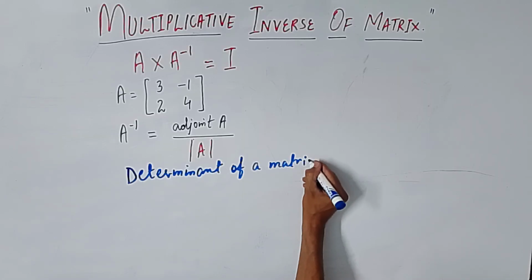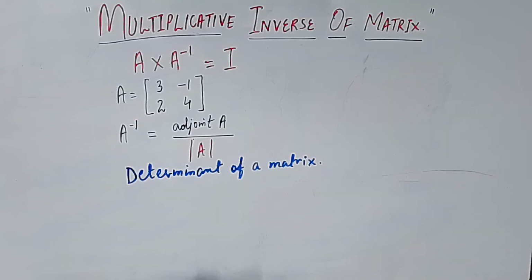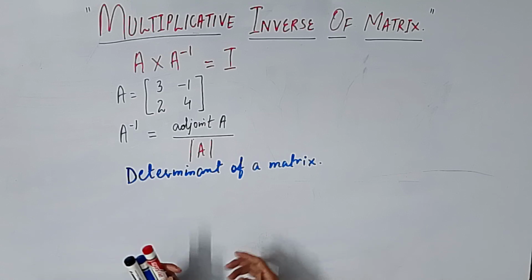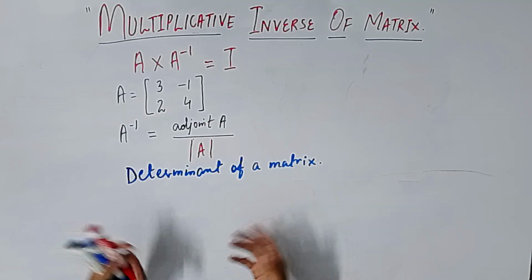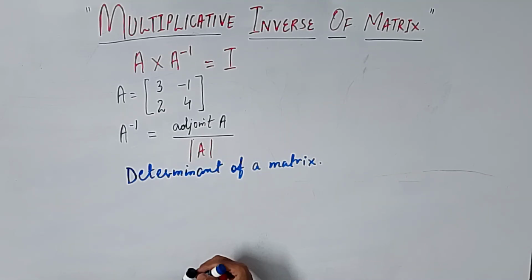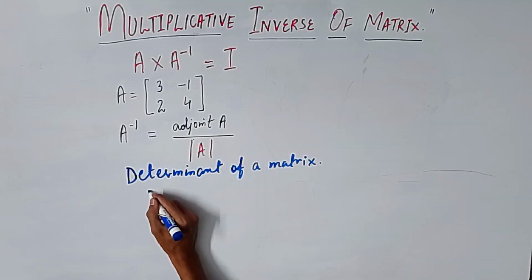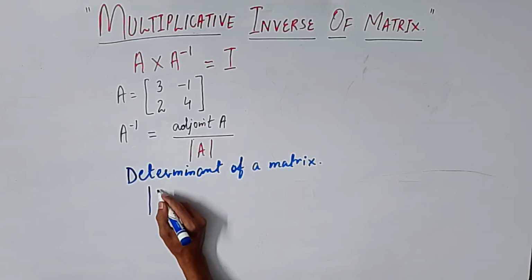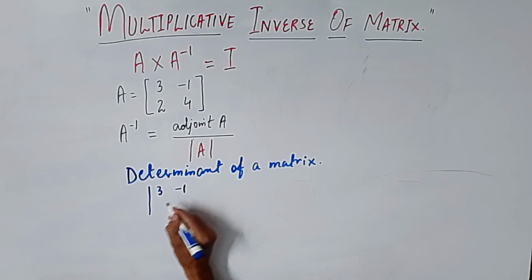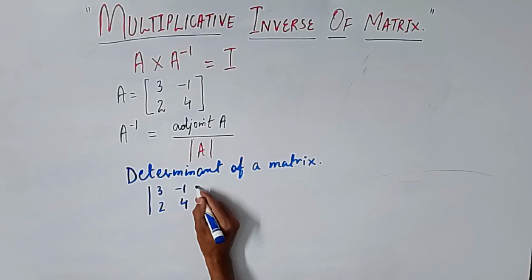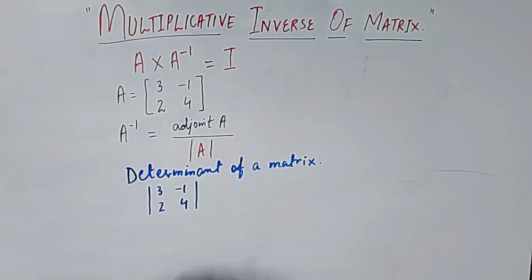When we say determinant of a matrix, in our SLOs we have to cover only 2 by 2 orders. So we need to write our same matrix in this modular symbol, and apply this formula.